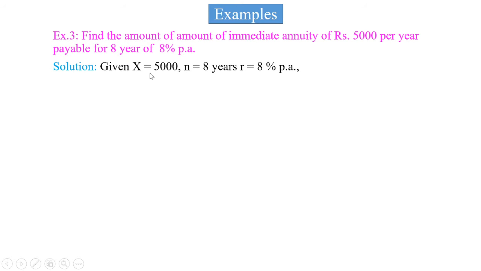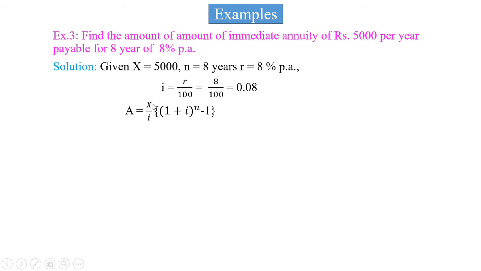Solution: given X = 5,000, n = 8 years, and r = 8% per annum. I is the rate of interest per rupee per period. Therefore, I = r/100 = 8/100 = 0.08.